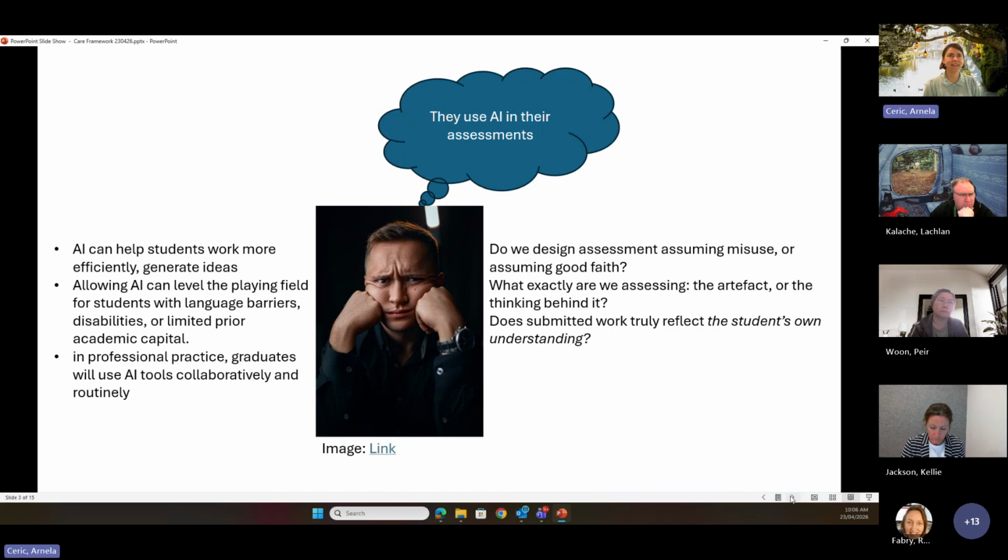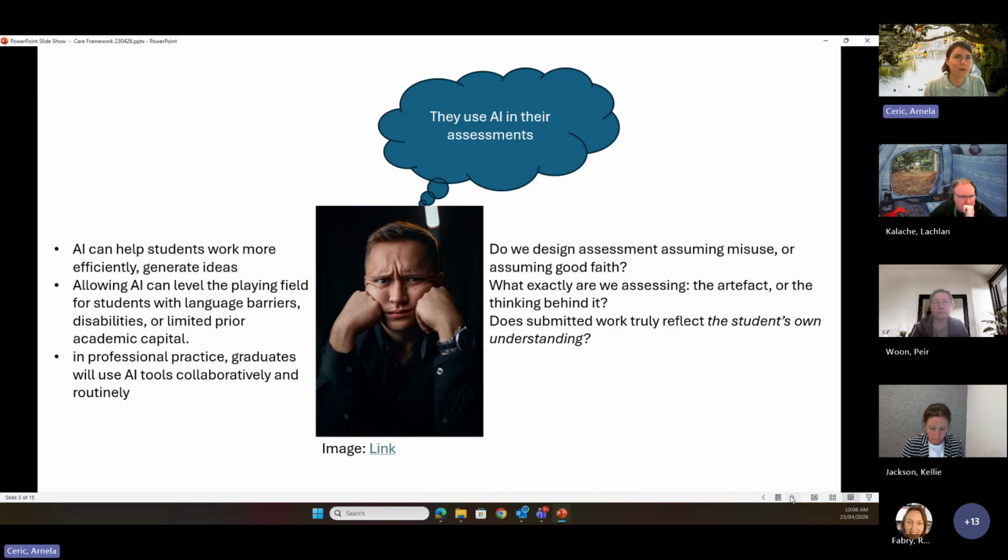And then on the other hand, we're thinking, well, are they misusing AI? Are they just adding the task into the AI tool and getting the answer and copy pasting it into the Word document, and that's the end of the story? There's no learning happening. That is probably the main worry that we have as lecturers.